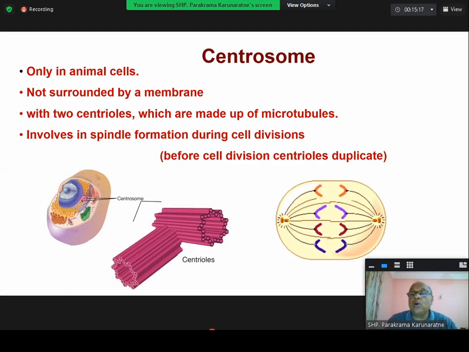They make two poles like this. And this is the centriole. It makes these spindles. You can see these fiber-like structures. They are spindles. These spindles attach to chromosomes and take them towards these poles. I will explain this later under cell division. Right?